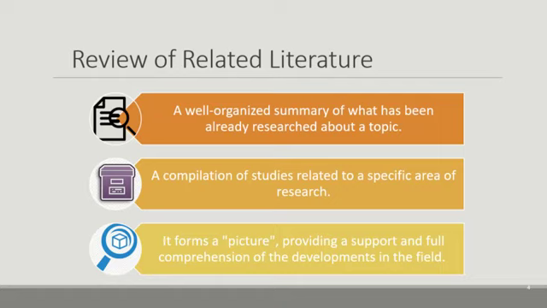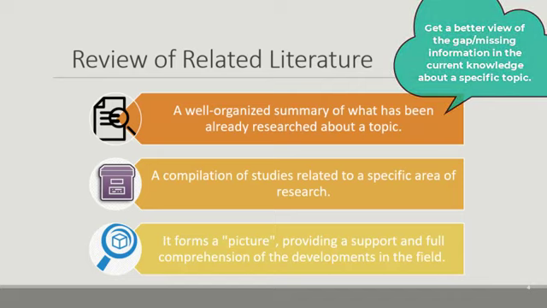So it is the summary of all the previous studies that have been conducted on a certain topic, and it is also designed to justify your research by exposing the gaps of the previous studies, because it is that part of the study where you try to find the gap, yung important missing piece sa current knowledge that we have about a certain topic.